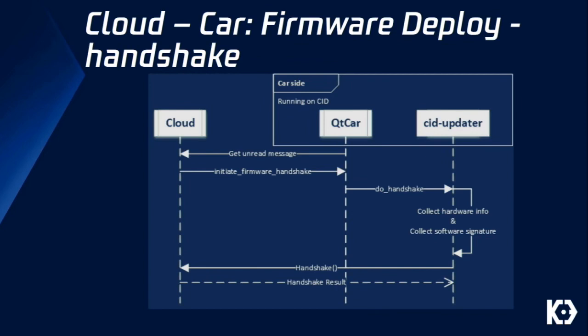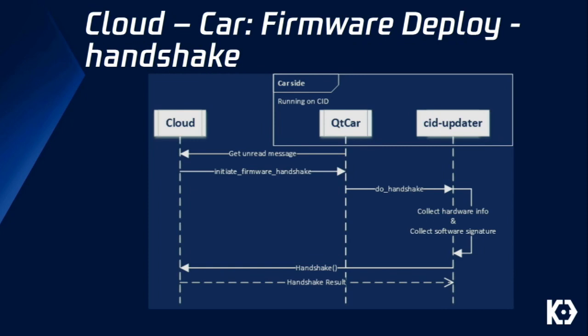After the CID updater has collected this command, it will collect hardware info. For example, if this is a full WD car, or if this car has an Autopilot ECU, and also collect the software signature. And this signature is actually a checksum of the current firmware running on the CID.